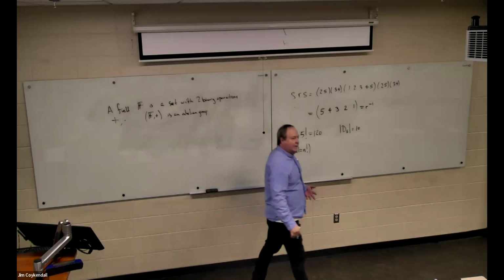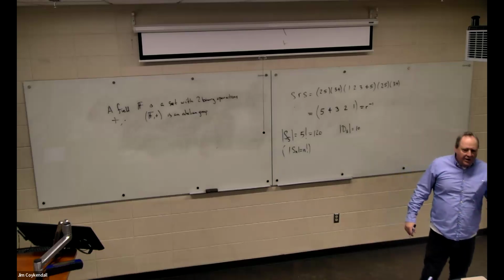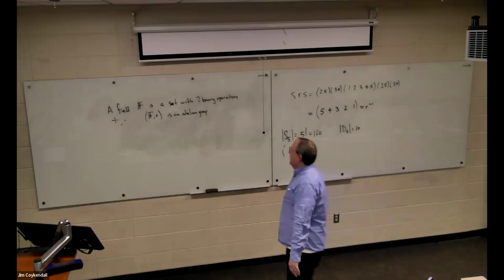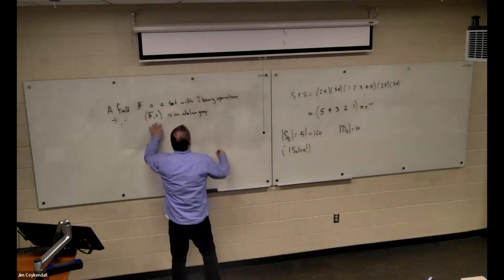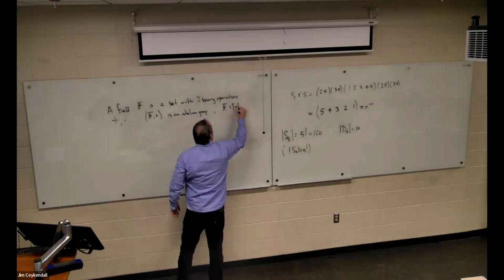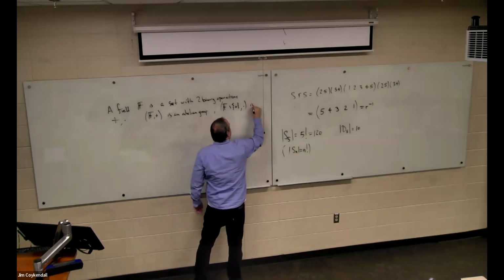If you add two things in the field, you get something in the field. The negative of something in the field is in the field, it's associative, and it's got an identity called 0. You also have that F with this additive identity removed under multiplication is an abelian group.